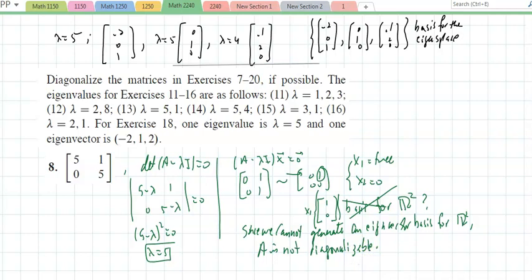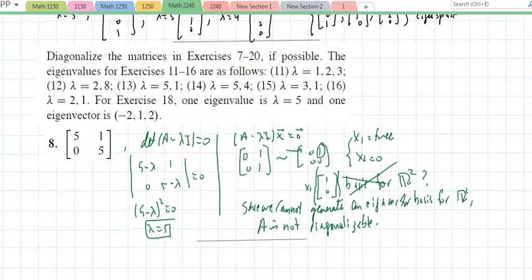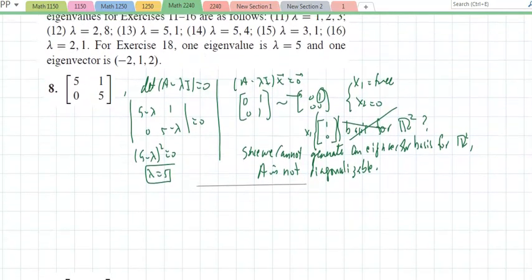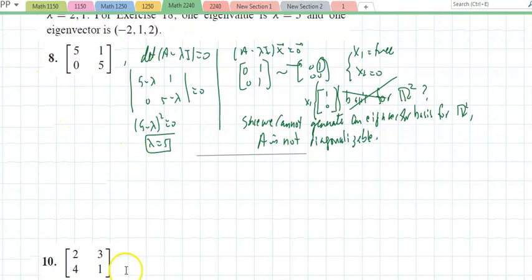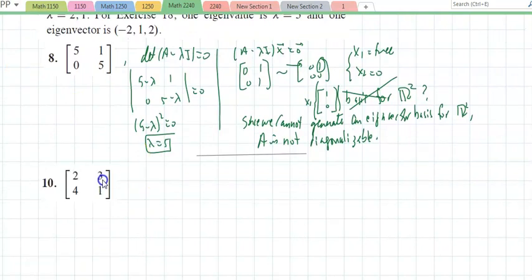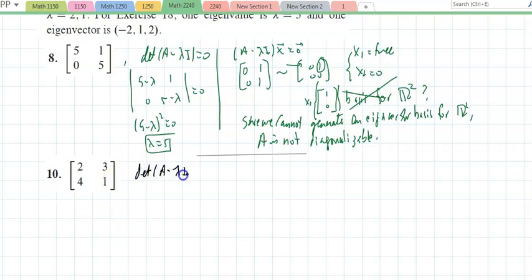So again, I should be able to find 2 linearly independent vectors for R2, 3 for R3, and so forth. If I take number 10 and do the same thing, this is nothing more than figuring out the determinant of A minus lambda I equals 0 to find the eigenvalues: 2 minus lambda, 3, 4, 1 minus lambda equal to 0.